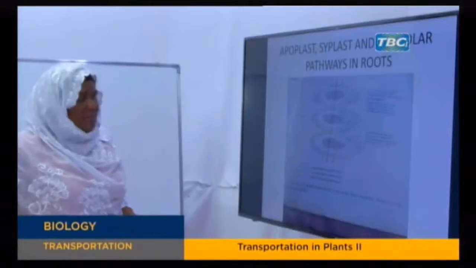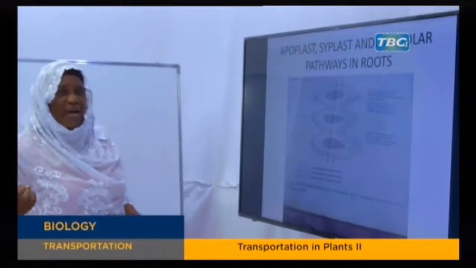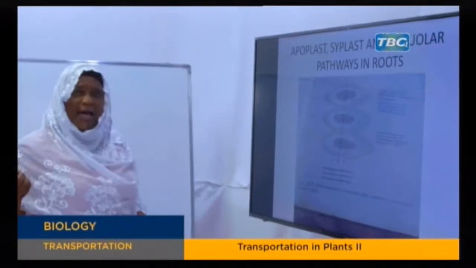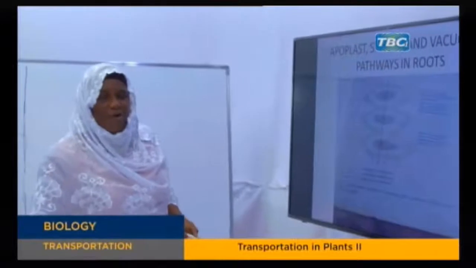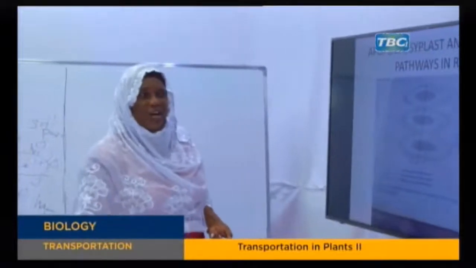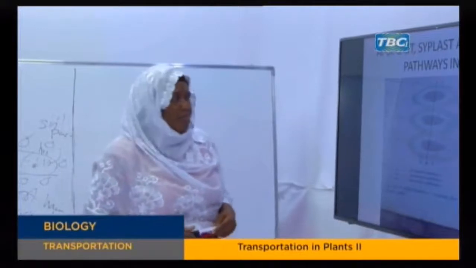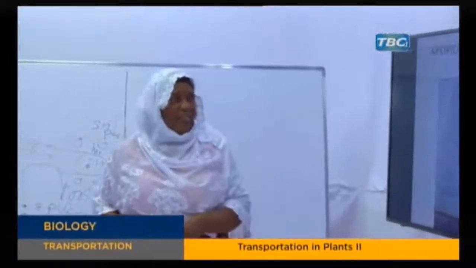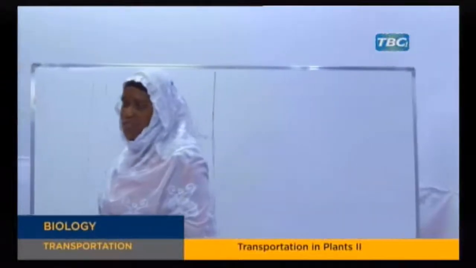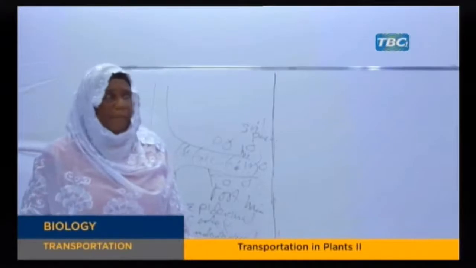Therefore, when the xylem secretes mineral salts, its concentration becomes high and its water potential becomes low. In so doing, it is easy for water to enter the xylem vessel. So, those are the ways through which water can be transported across the root.